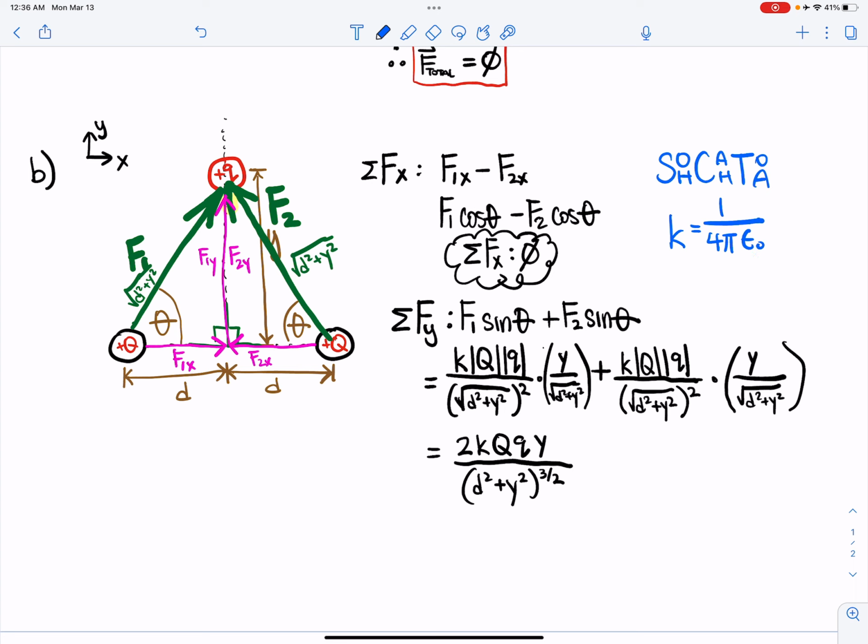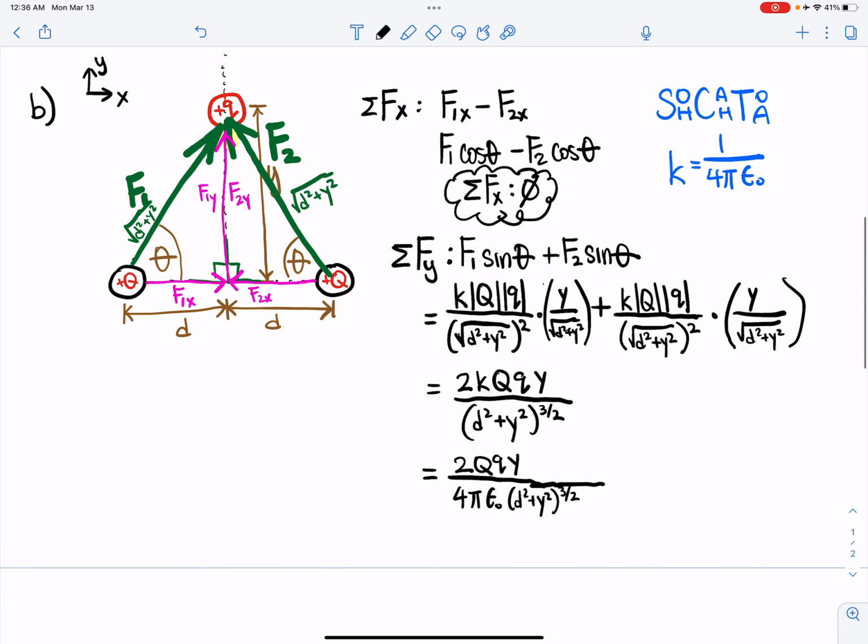Okay, so I'm going to plug that in. So this is equal to 2 capital Q little q y over 4 pi epsilon naught times d squared plus y squared to the power of 3/2.